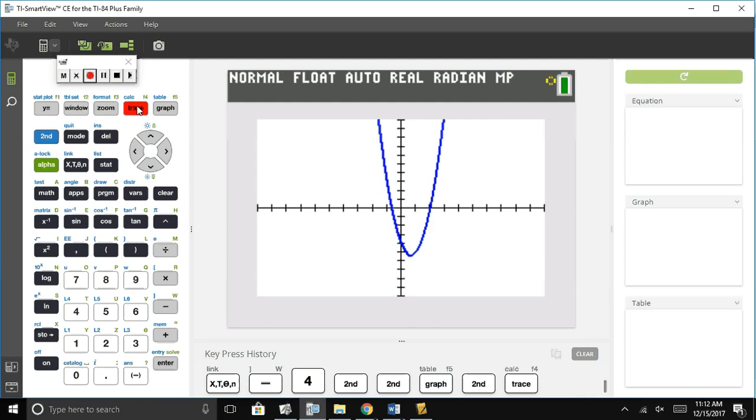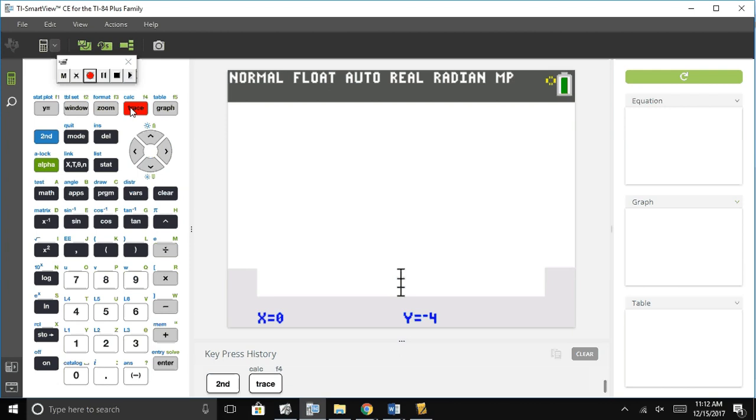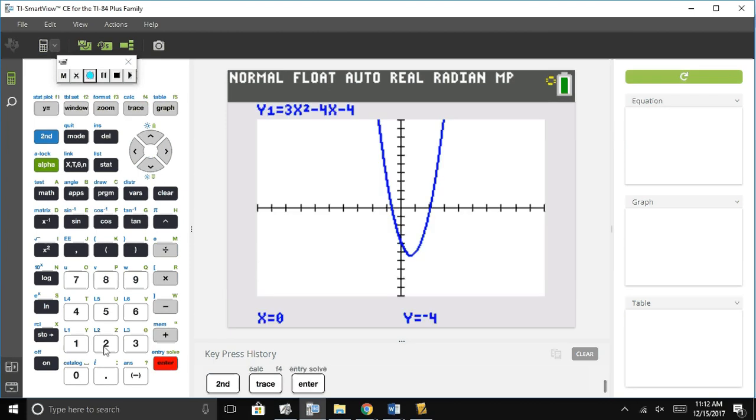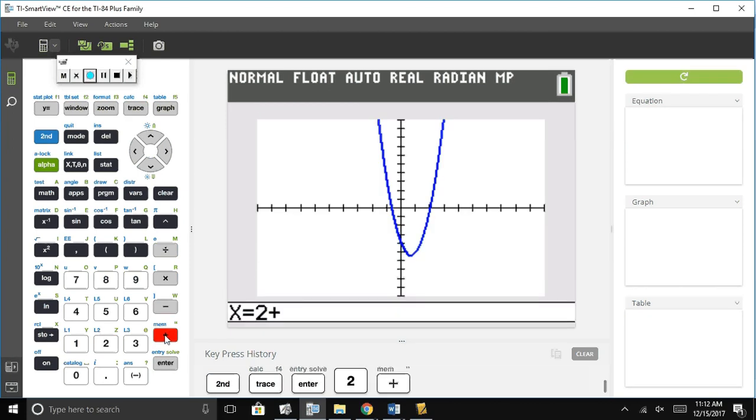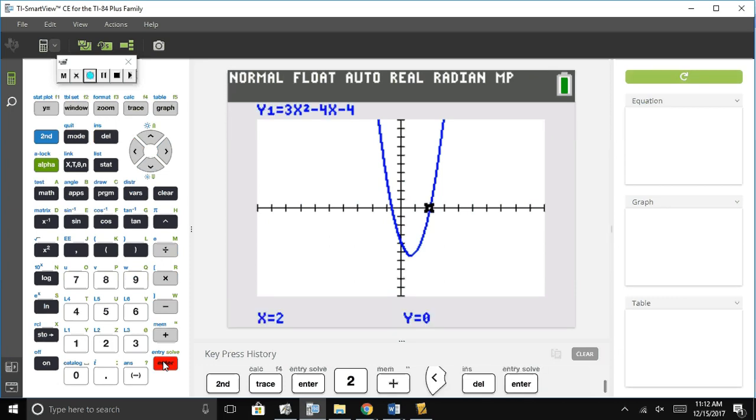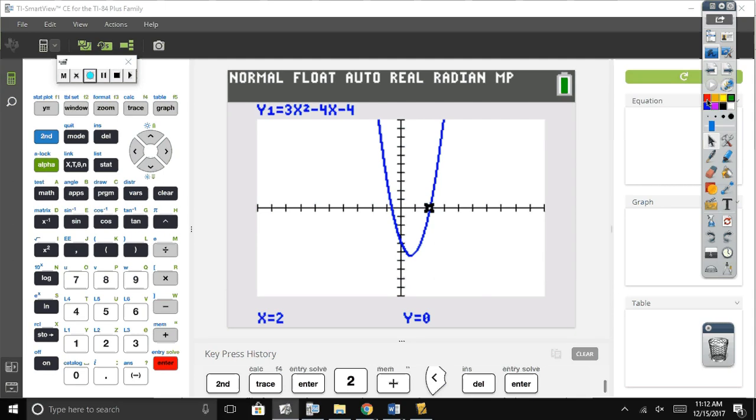If we look at the value of 2, you find it's going to be in a very important place, and that's the x-intercepts. What we're looking at right here is not only are we finding the values that make 0, but we're also finding the x-intercepts of this graph, which is very important for later classes.